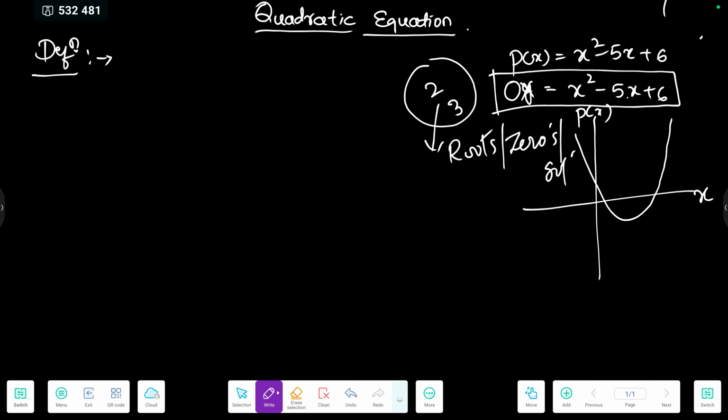Only 2, because the highest degree is 2. That's why you will get at most two roots.